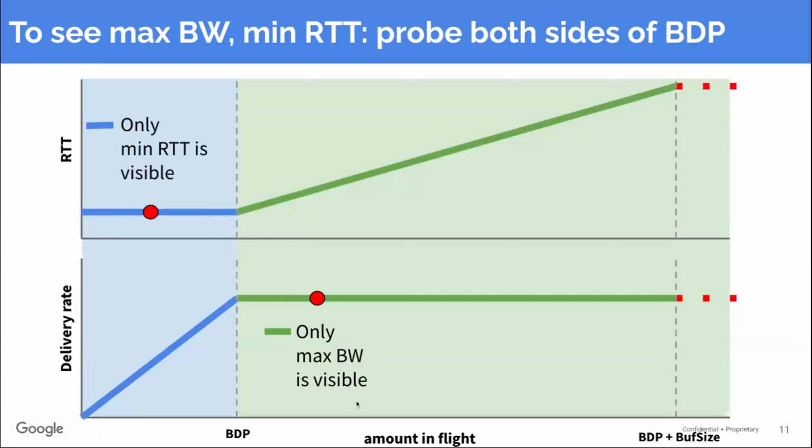On the right of the BDP, we can really only measure the maximum bandwidth. We can't measure the minimum round trip time because there's some non-zero queuing delay here. So if we want to measure both, our network flow has to spend some time on the left and some time on the right.